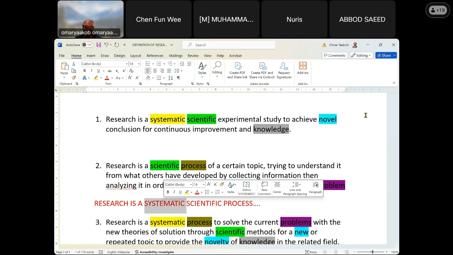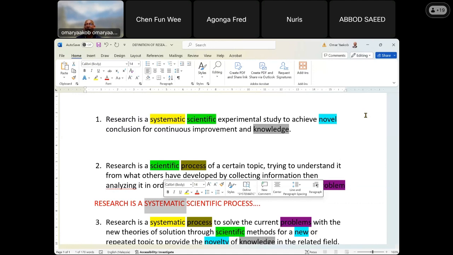Yeah, I do agree that systematic has to be included because in the process, for example, we need to develop the problems, and we have to follow data collection, analyzing, and investigation of data. That's why I say systematic has to be included in the definition.